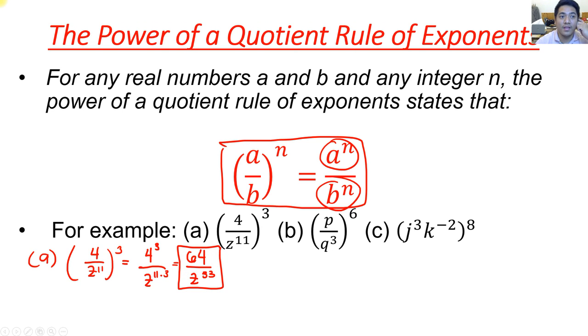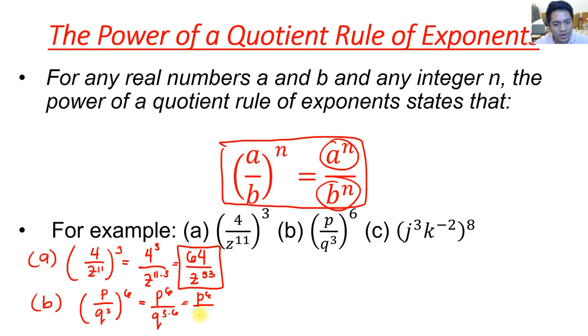That's how you get the power of a quotient rule of exponents. For letter B, we have (p all over q cubed) raised to 6. So you have p raised to 6 all over q, 3 times 6. 3 times 6 is 18, so p raised to 6 all over q raised to 18.